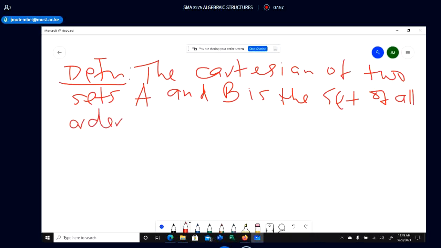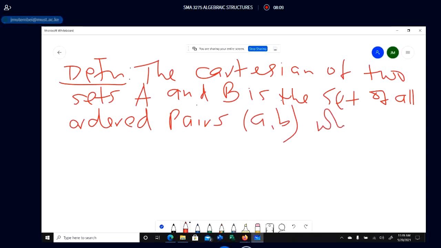Now we know what an ordered pair is. All ordered pairs, say (a, b), where a belongs to set A and b belongs to set B.